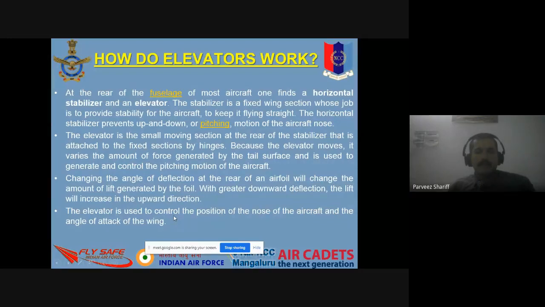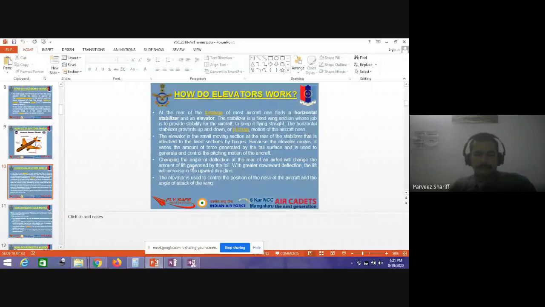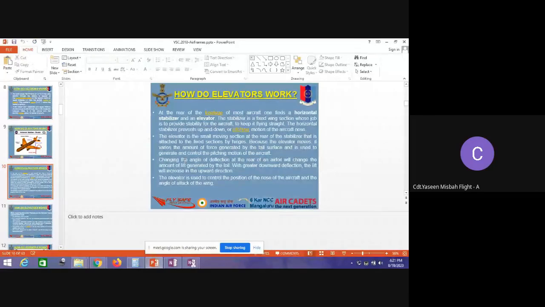Can anybody tell me what is the angle of attack? Yes. So the angle of attack is the angle at which the airplane is approaching a position or the path.